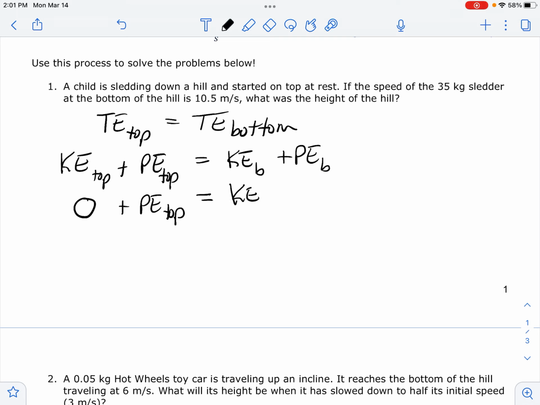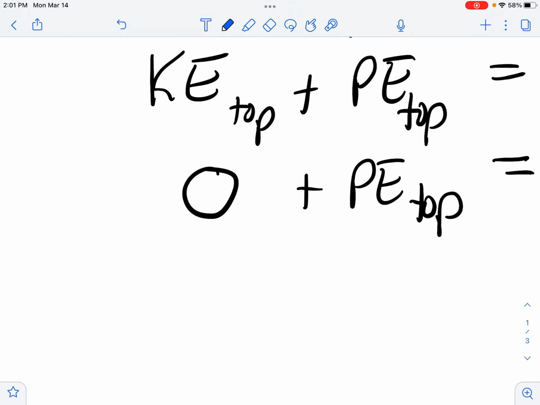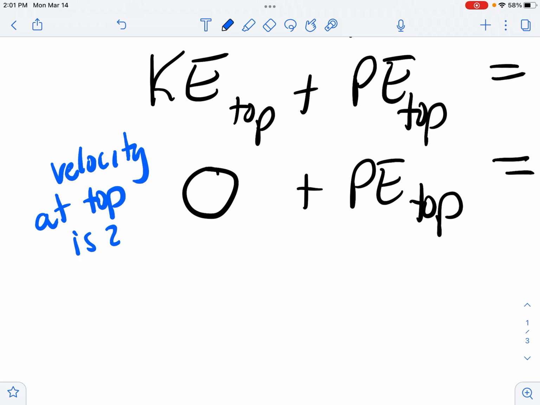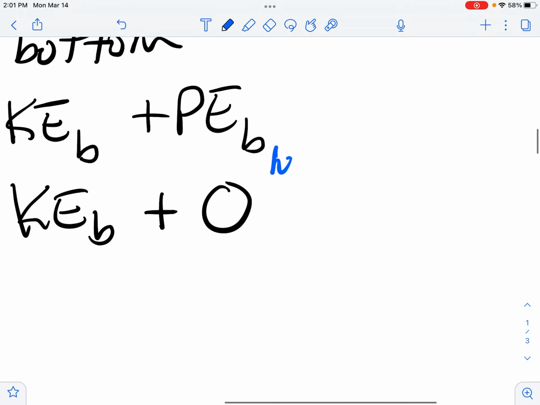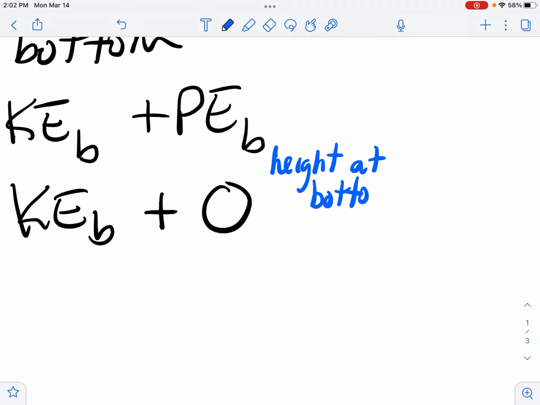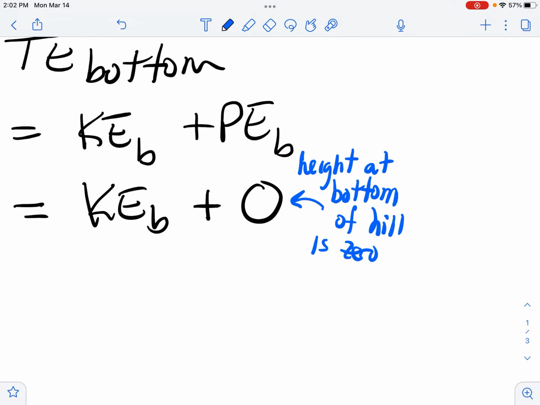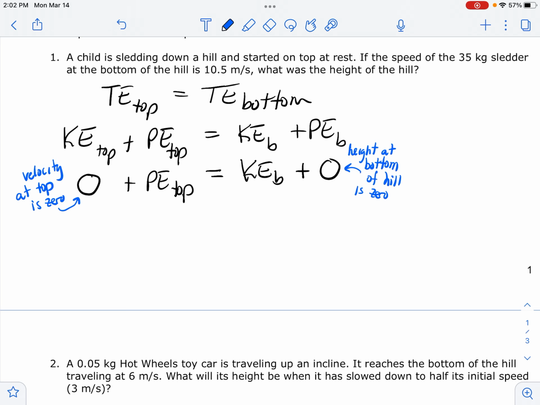So I've got my kinetic energy at the bottom plus 0. Let me write in again why this is. This is 0 because the velocity at the top is 0. And this one is 0 because the height at the bottom of the hill is 0. So that's where those two zeros came from.